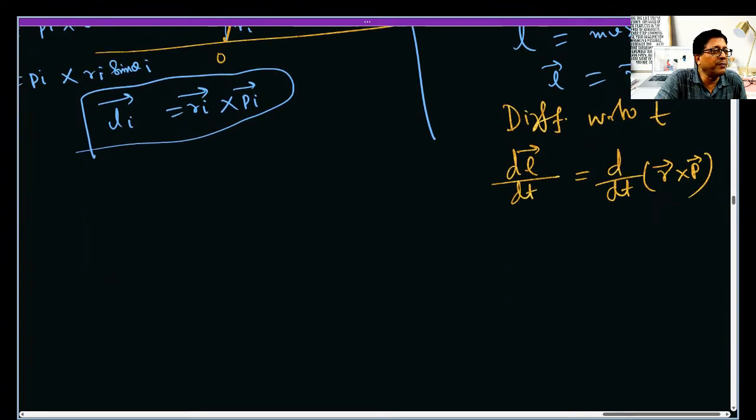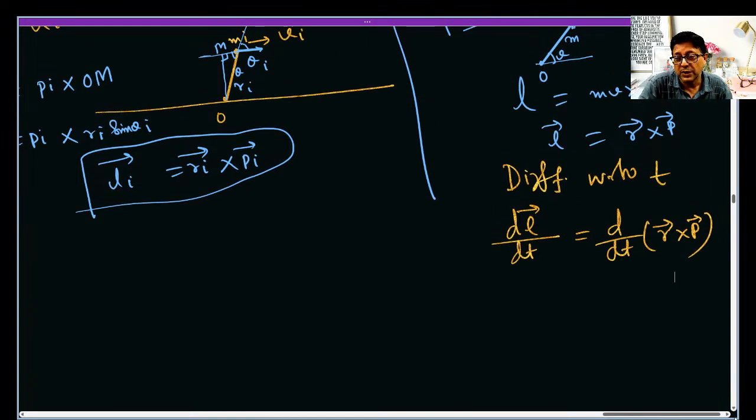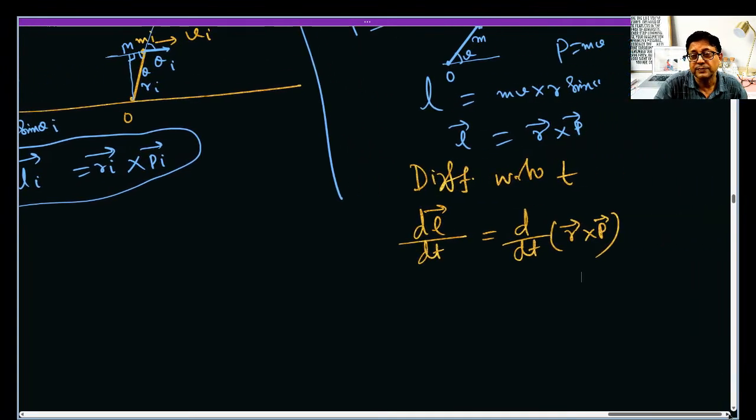Suppose a question arises this manner: prove that for a single particle, the rate of change of angular momentum is equal to the torque acting on it. Torque expression you have studied for a single particle: r cross F. If you can prove that dL by dt equal to r cross F, then the proof is done for a single particle. Am I clear? I am going to do that.